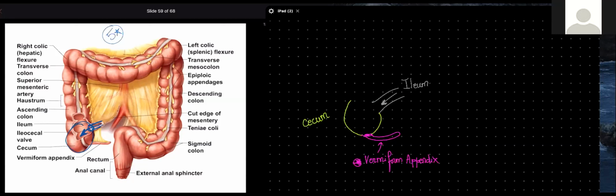Studies did show that the vermiform appendix will not be affected by the intake of those antibiotics because the antibiotics will have less access to it. So it serves as a backup store for the good bacteria that live in your large intestine.